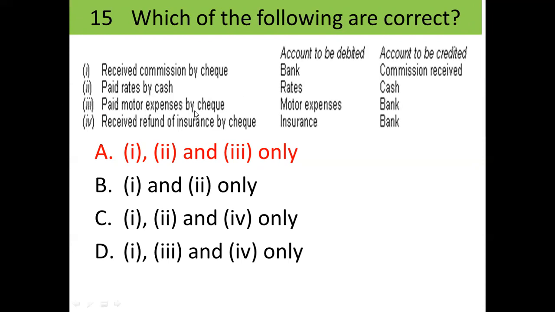Paid motor expenses by check, we debit motor expenses and credit bank. Yes. Received refund of insurance by check and debit insurance. No. You have to debit bank and credit insurance. The fourth transaction is incorrect, and the correct ones are 1, 2, and 3. Right answer is A.